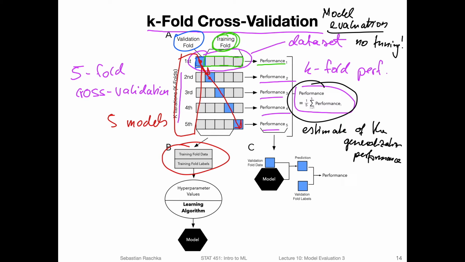So here I have the whole data set. This is all the combined data points here, and I can train a model on that one with a fixed set of hyperparameters, because we said we don't do any tuning. Then we just use some fixed hyperparameters and we fit a model to the whole training set, which is then our model. And that is actually it then.